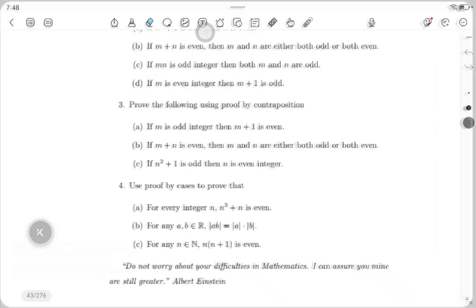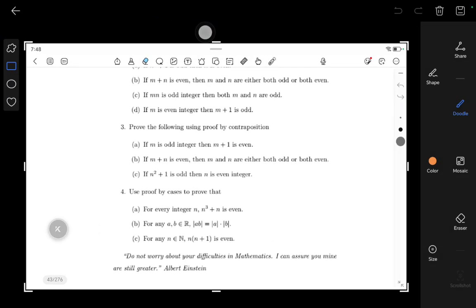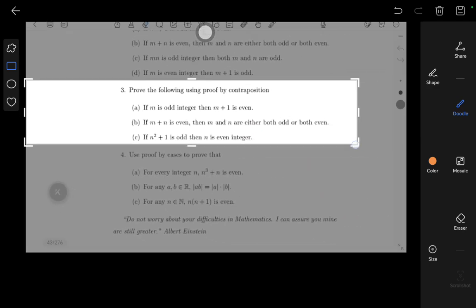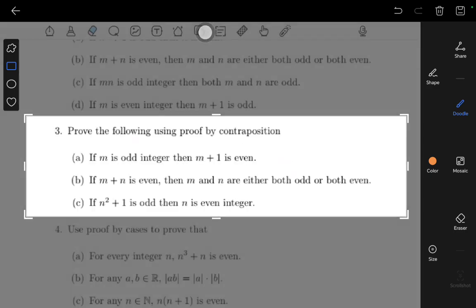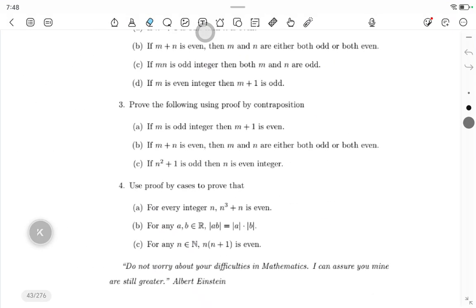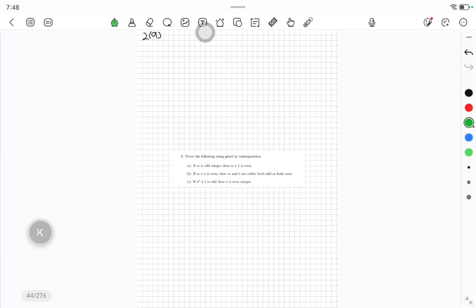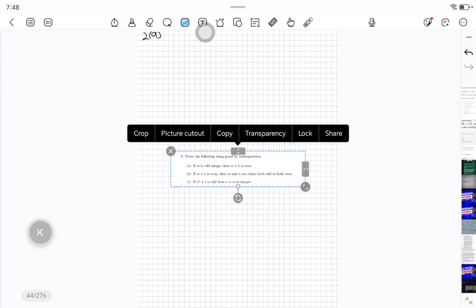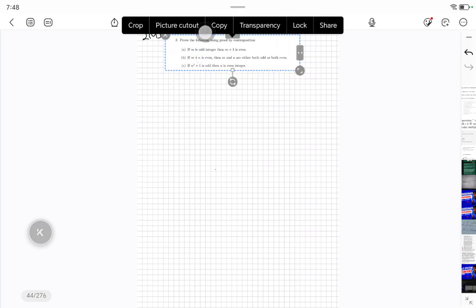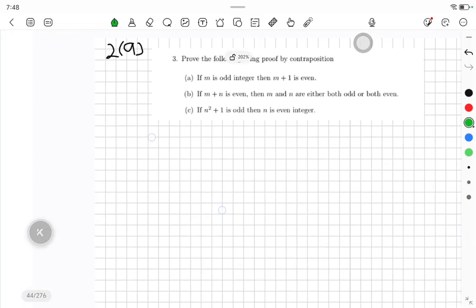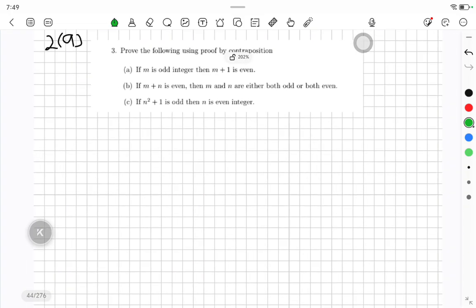I'm going to prove this using contraposition. So let's check. They say prove the following using contraposition. Then they give us A. A says that if m is an odd integer, then m plus 1 is even.